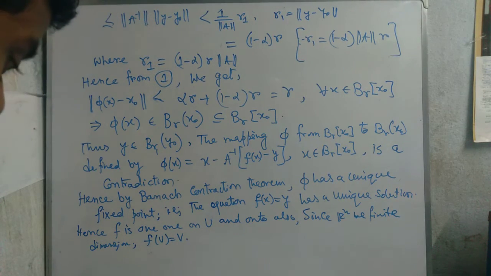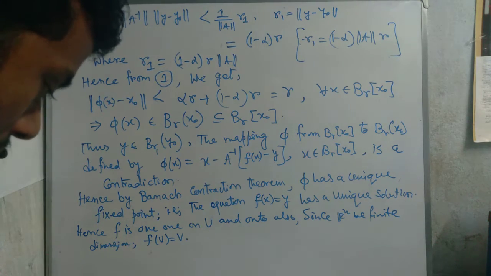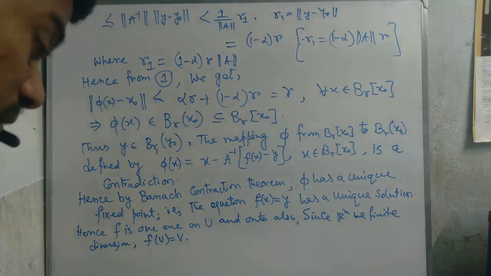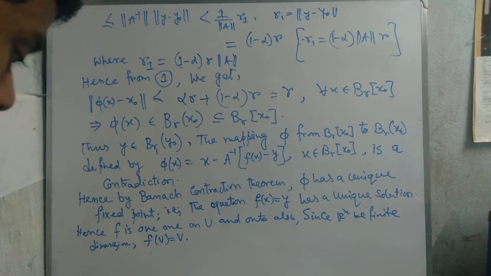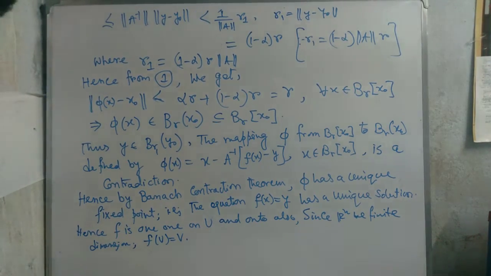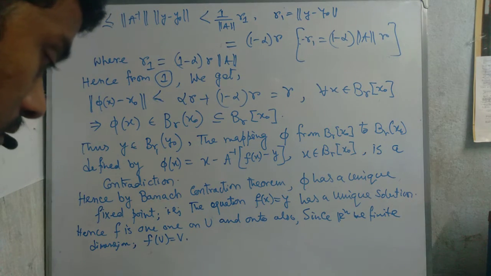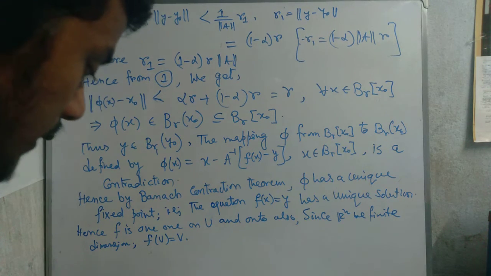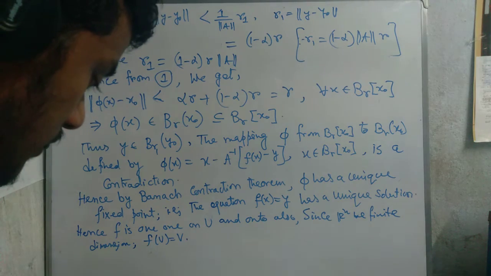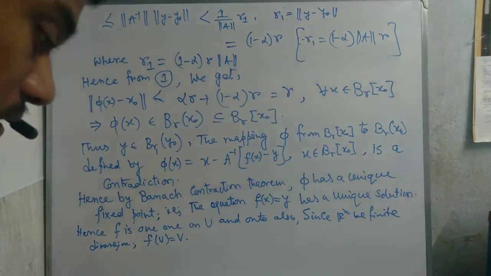Then in the fourth step we see the norm of phi(x) minus x0 is less than or equal to (1 minus alpha) r. Not phi(x) minus x0 less than or equal to r, but less than r. We divide this into two parts: phi(x) minus phi(x0) and phi(x0) minus x0. Then phi(x0) minus x0 is less than (1 minus alpha) r, and phi(x) minus phi(x0) is less than alpha r.